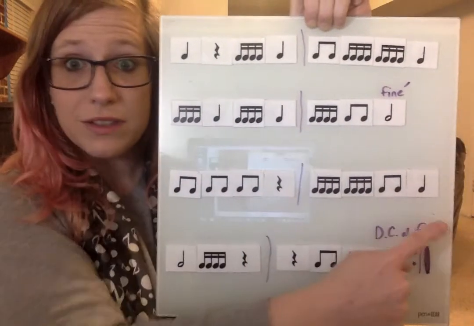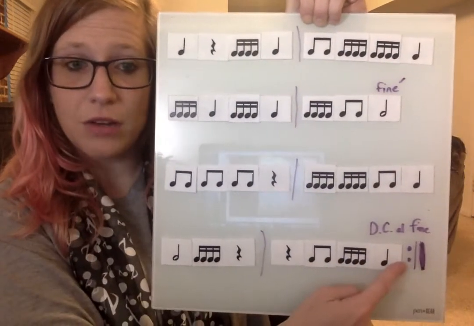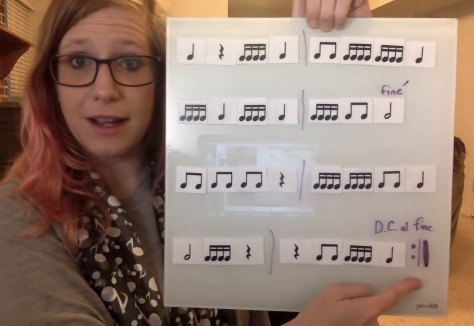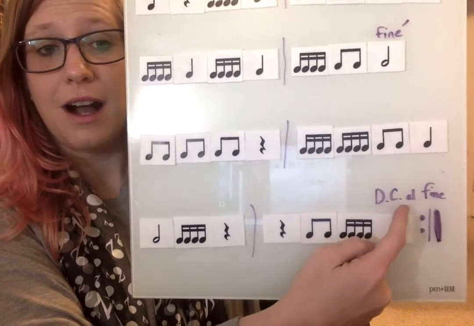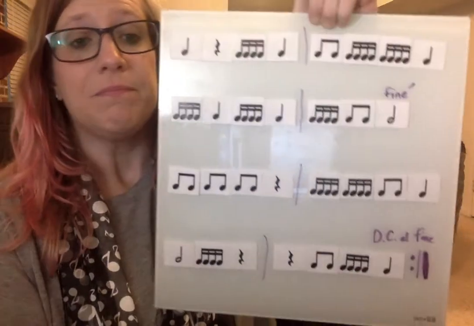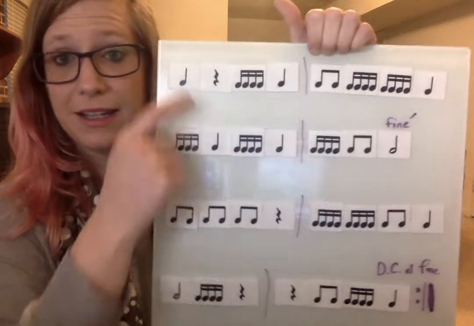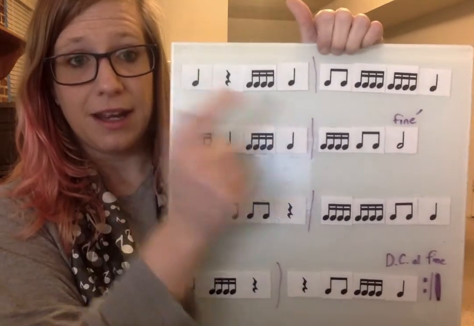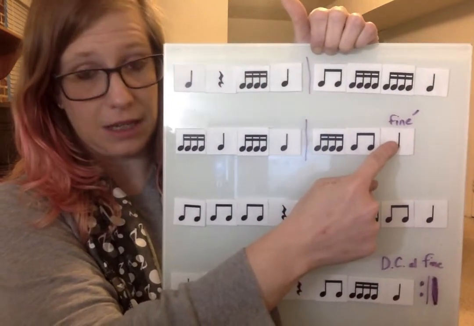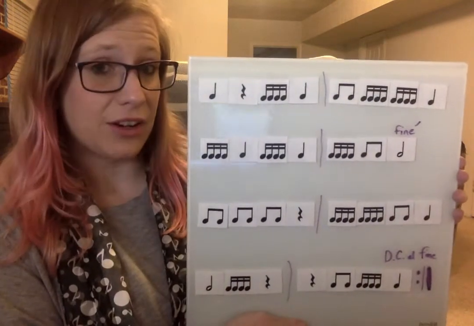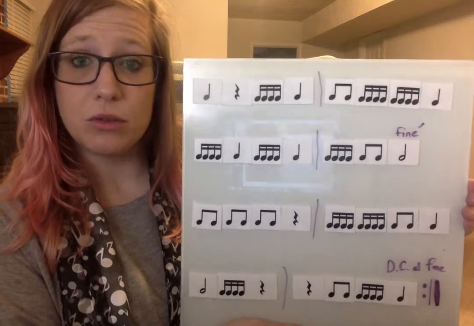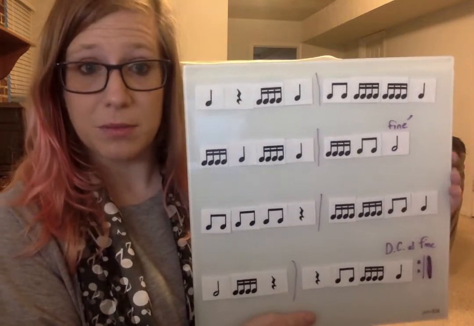This is all one song or piece of music, and go down here. But I have my repeat sign here, and it says D, C, al fine, which means I need to go all the way back to the beginning and stop at the fine. So let's read this together, and let's follow the musical road signs that help us get through the piece.